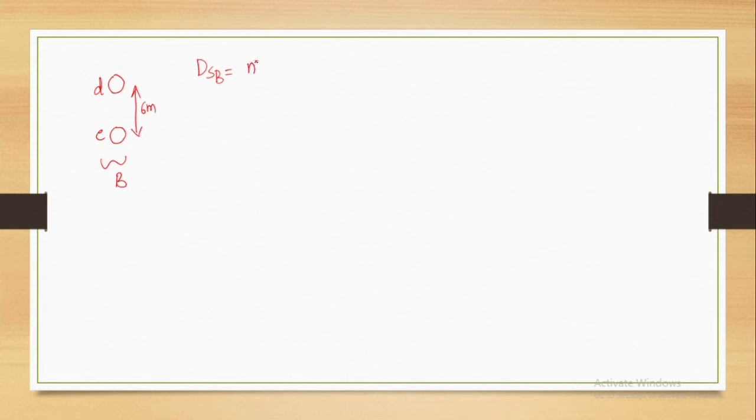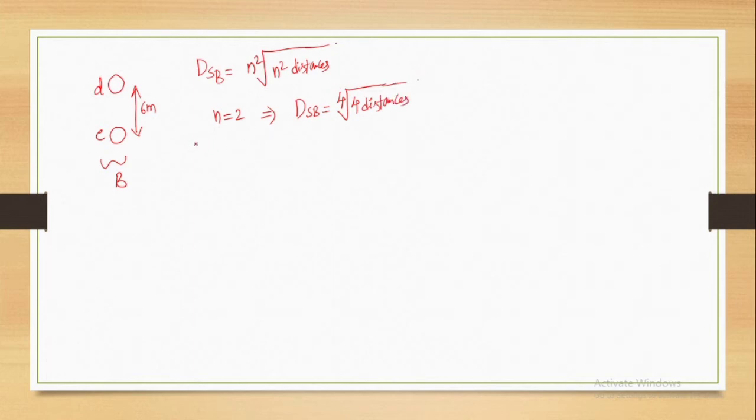GMR of B phase is also the n squared root of n square distances, whatever it may be. Now the n value is equal to 2. It implies that DSB is equal to 2 square, which is the 4th root of the product of 4 distances.